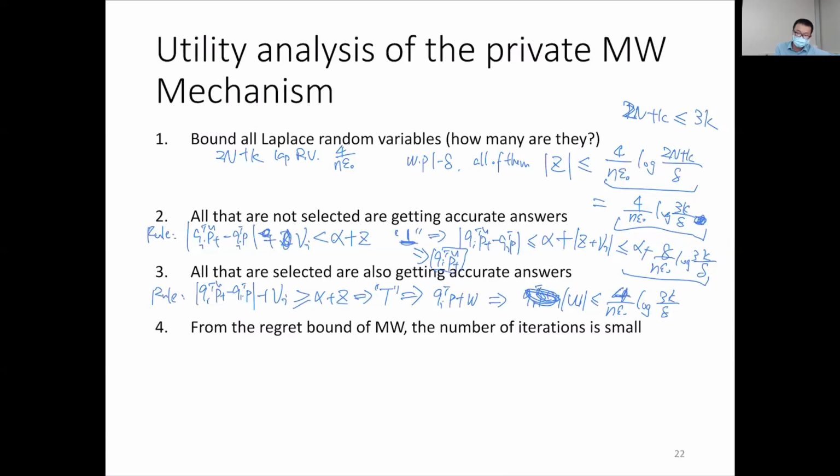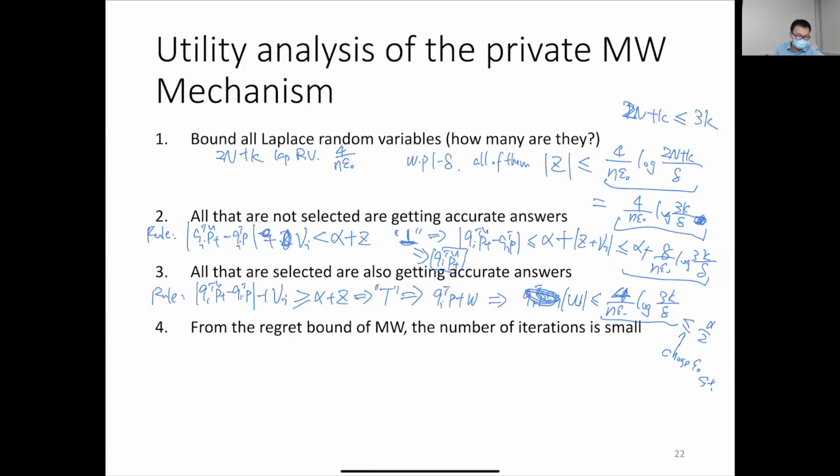So what this is saying is that we should probably choose this epsilon 0 such that the absolute value error of these Laplace random variables is proportional to alpha. For instance, let's say that we should choose this such that this is smaller than half alpha. We will choose epsilon 0 such that this is true.